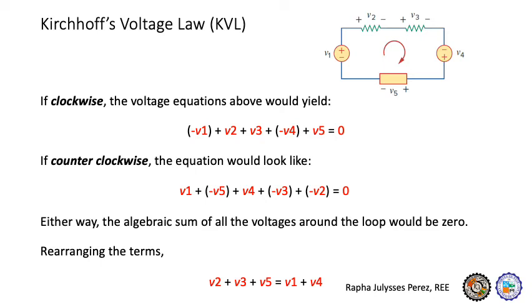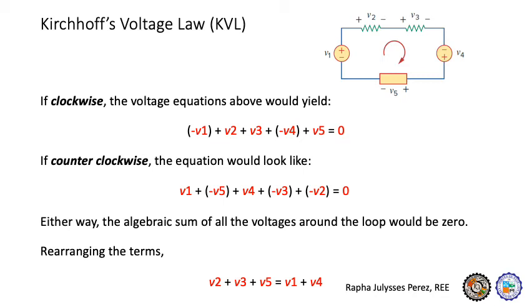That's why we treat them as positive, and the rest would be treated as negative. Either way, the algebraic sum of all voltages around the loop would still be equal to zero. So that's what KVL basically states.